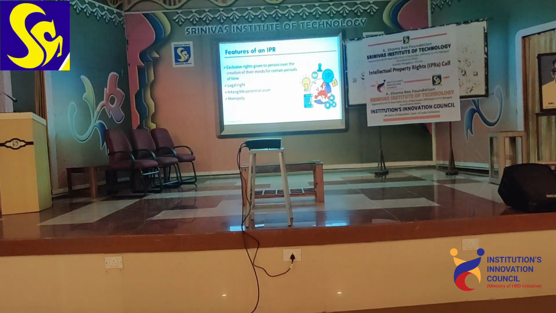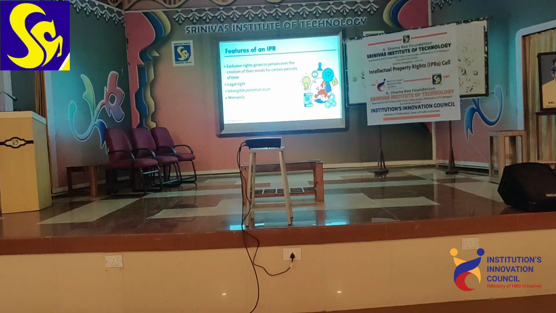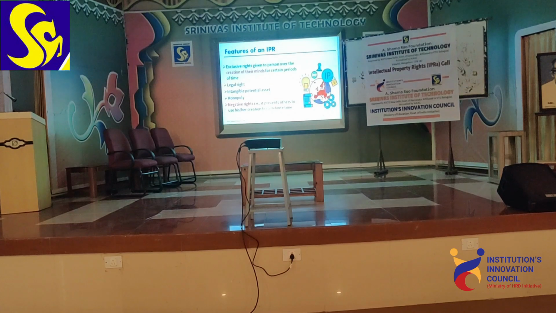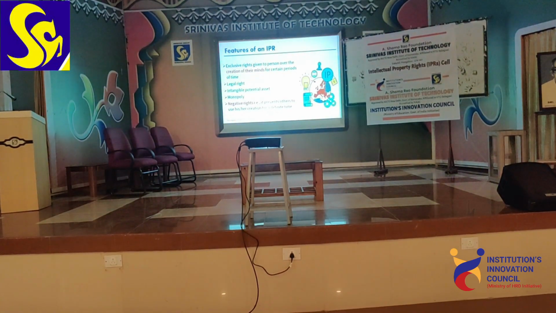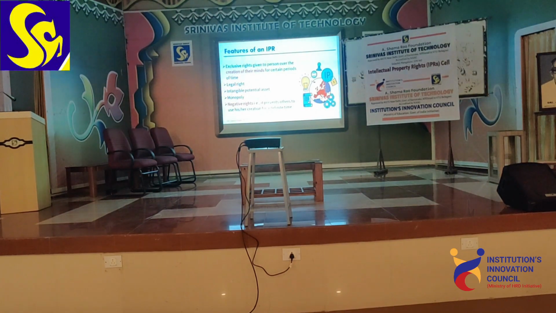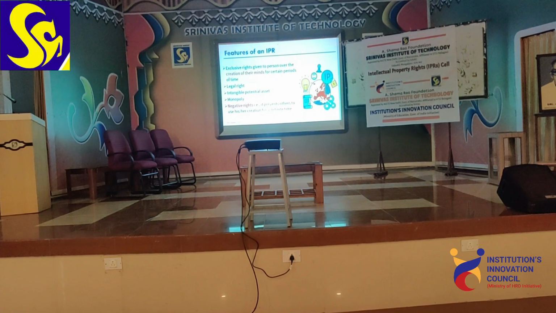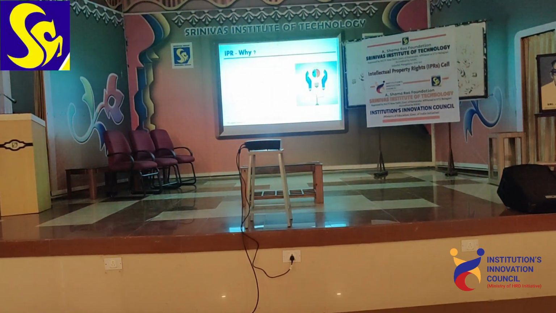It is an intangible potential asset. It is a monopoly, that person has a monopoly over his creation. And negative rights: that means it prevents others from using his creation. Other persons have a negative right, so they cannot just copy your creation and use it for some purpose.